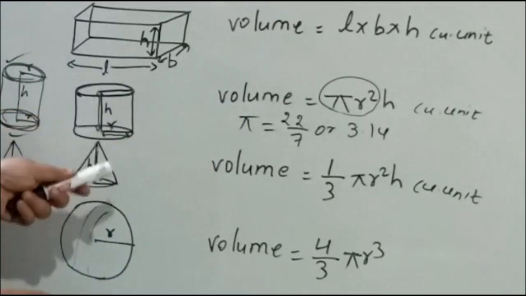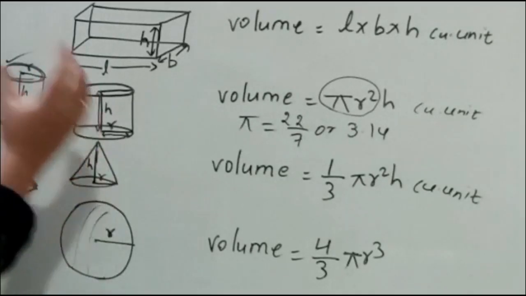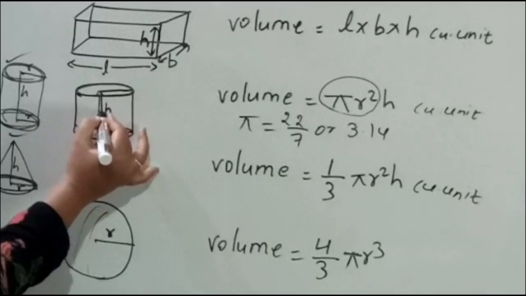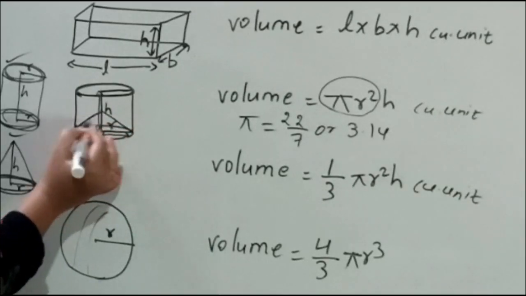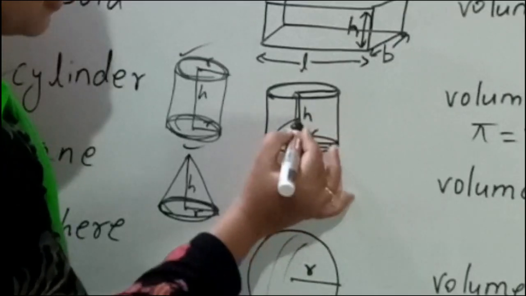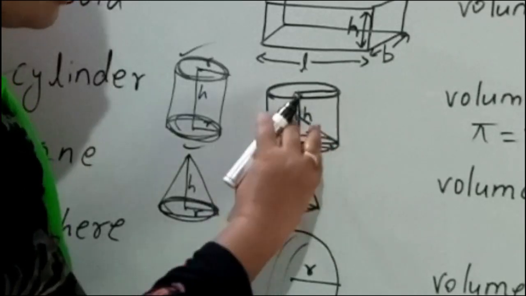It means cone volume is 1/3 of the volume of cylinder. Is it not? See, I will show you. This is a cylinder. When you do just this part and this part, see, this became a cone.